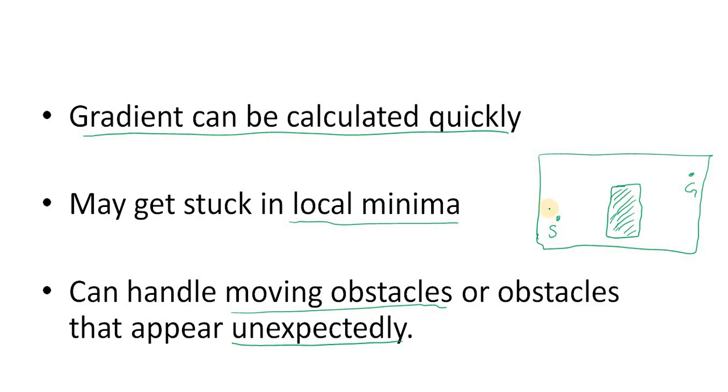Let's say this is our robot. And it is being attracted by the goal. So it will start moving toward the goal, and it is being repelled by the obstacle. Okay, this is obstacle O.